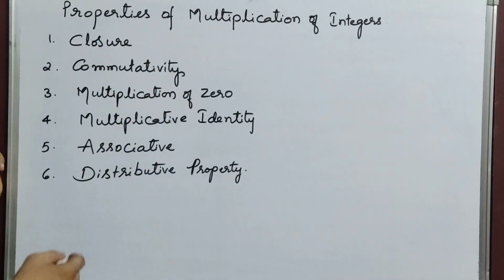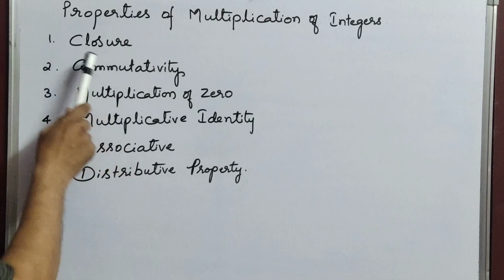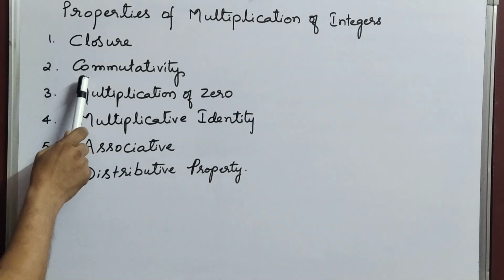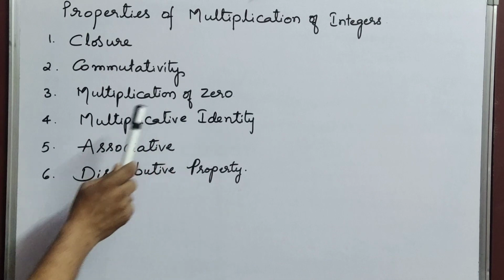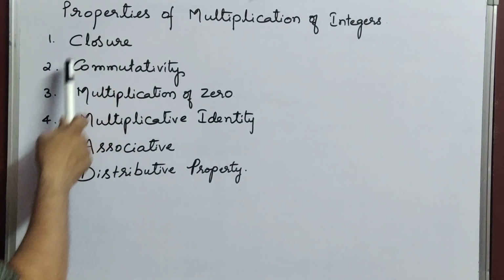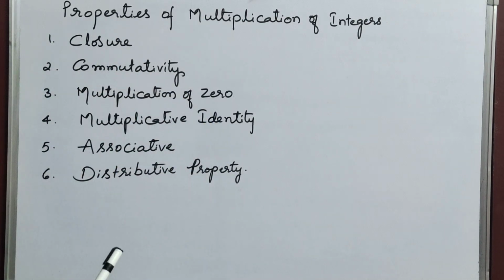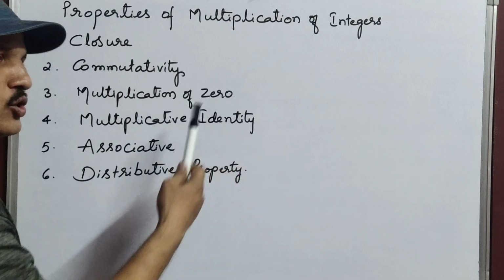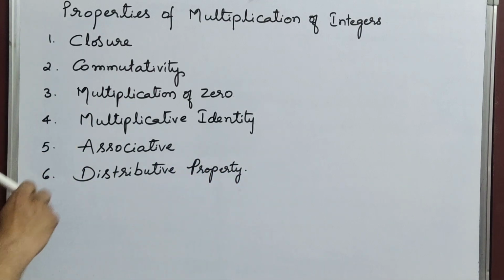But in our 7th standard textbook, you have the properties of multiplication of integers: closure, commutativity, multiplication of zero, multiplication of identity, associative, and distributive. These 6 play a very important role while solving problems, so we have to know when to use them and where to use them.